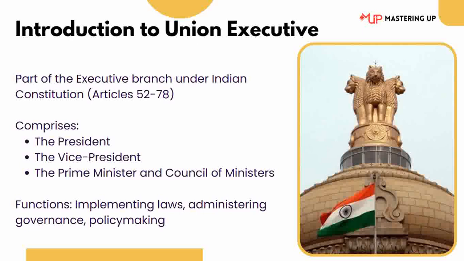Their main job is to implement the laws made by Parliament and to administer day-to-day governance. While the President is the constitutional head, real power lies with the Prime Minister and Council of Ministers.